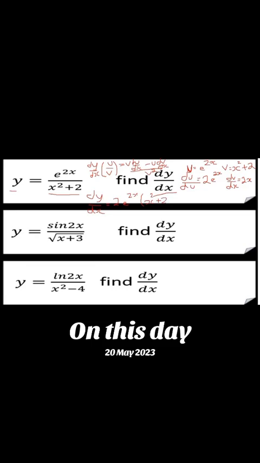Then subtract u dv dx, so that times that, so subtract 2x e to the 2x, all over v squared, so all divided by x squared plus 2 all squared.